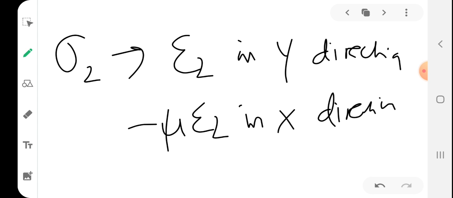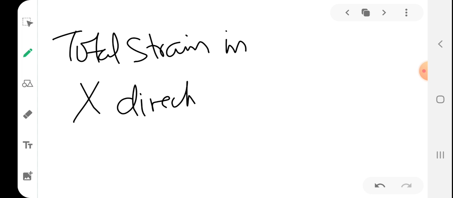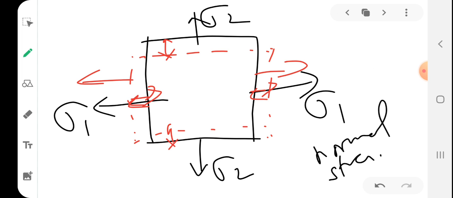So the total strain in the x direction and y direction, how to find? I will show you in this figure.